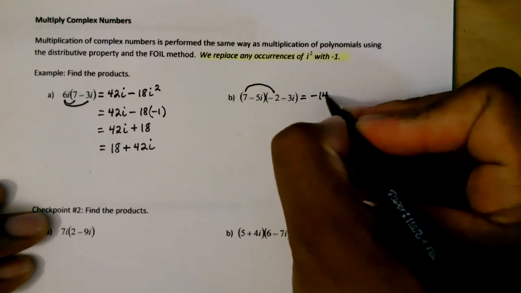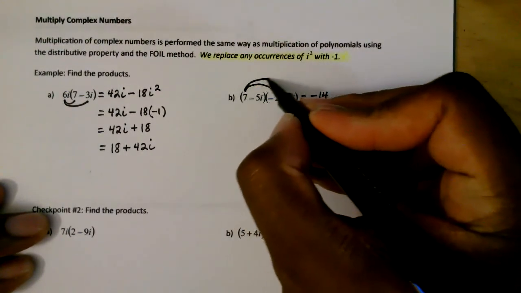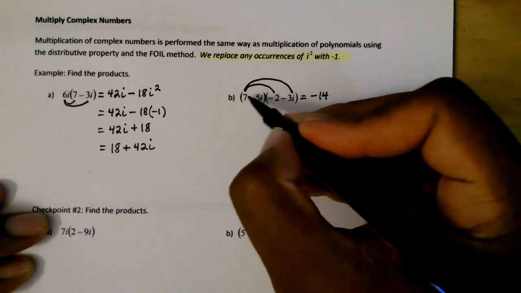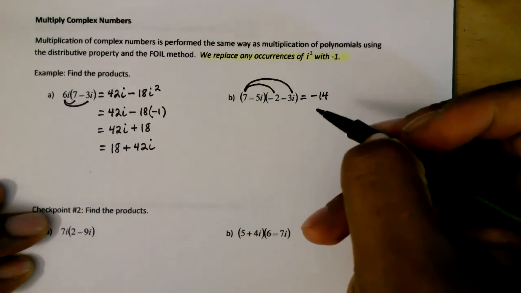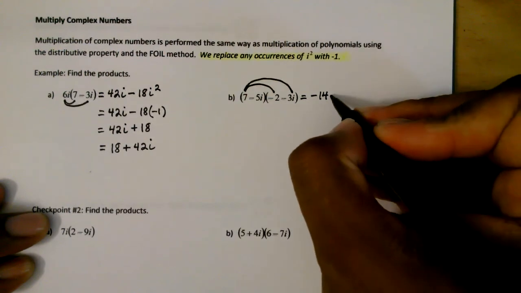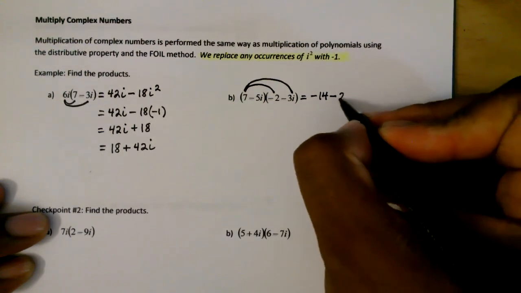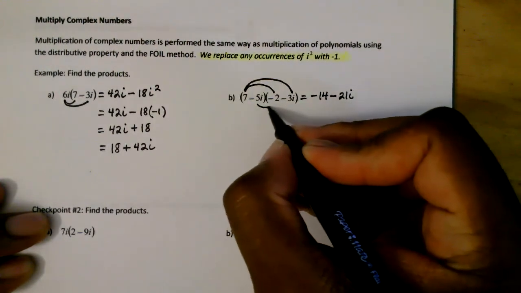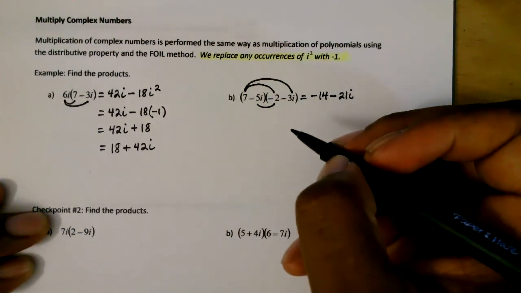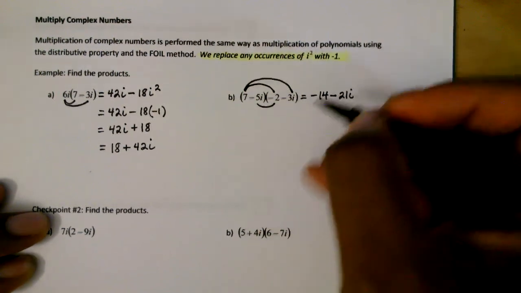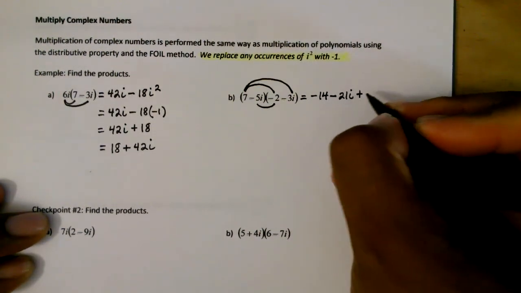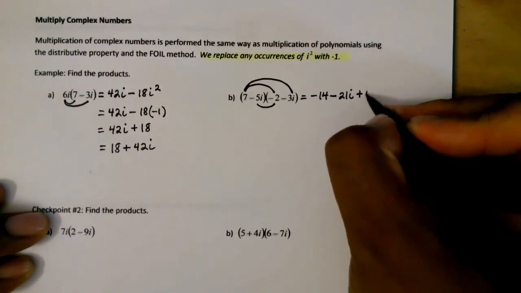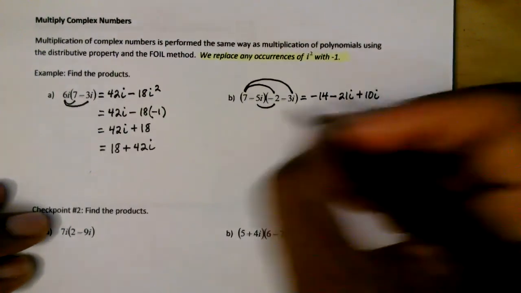That's -14. Outer is this, 7 times minus 3i. That's going to be a minus 7 times 3, that's 21, bring over the i. Your inner, -5i times -2. Well, negative times a negative will be a plus. 5i times 2 would be 10i.